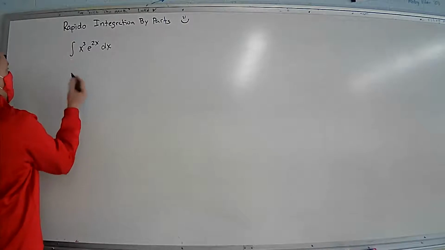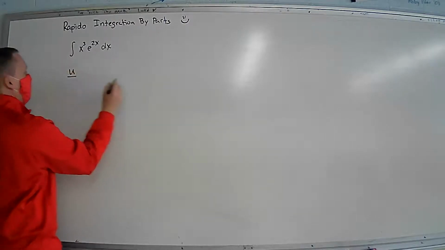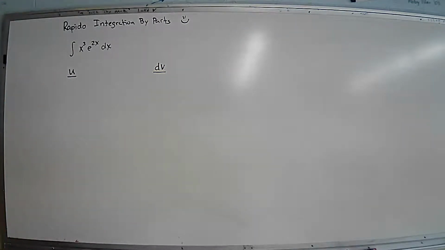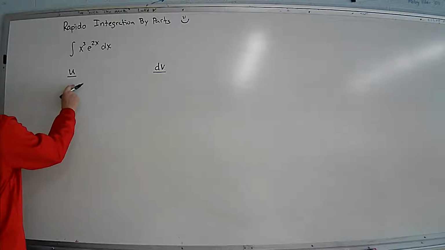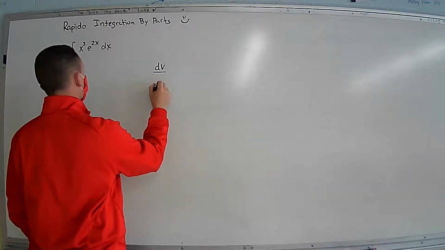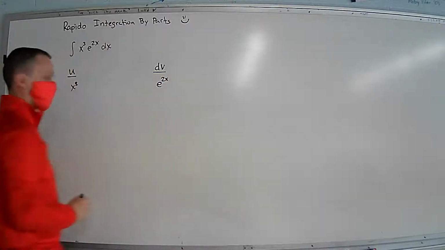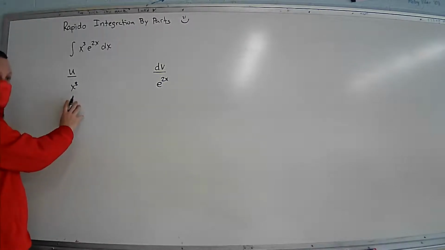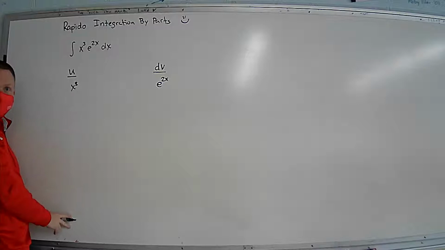is helpful. So how it works is you make a column for u and you make a column for dv. Okay? And then you put what your choice for u would have been. What's our choice for u? X cubed. What's our choice for dv? E to the 2x. Okay? Then, in the u column, you differentiate this all the way down until you get 0.